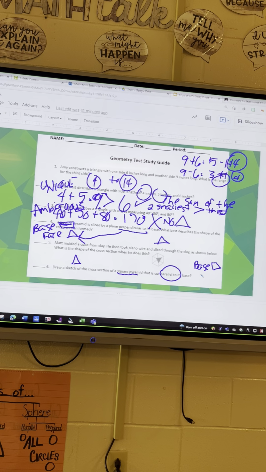It's parallel to the base, so it's going to be the shape of the base. Let's go ahead and put it, the face, because it's a pyramid, is a triangle. Now, parallel to the base would be a square, because it's going to be the shape of the base.